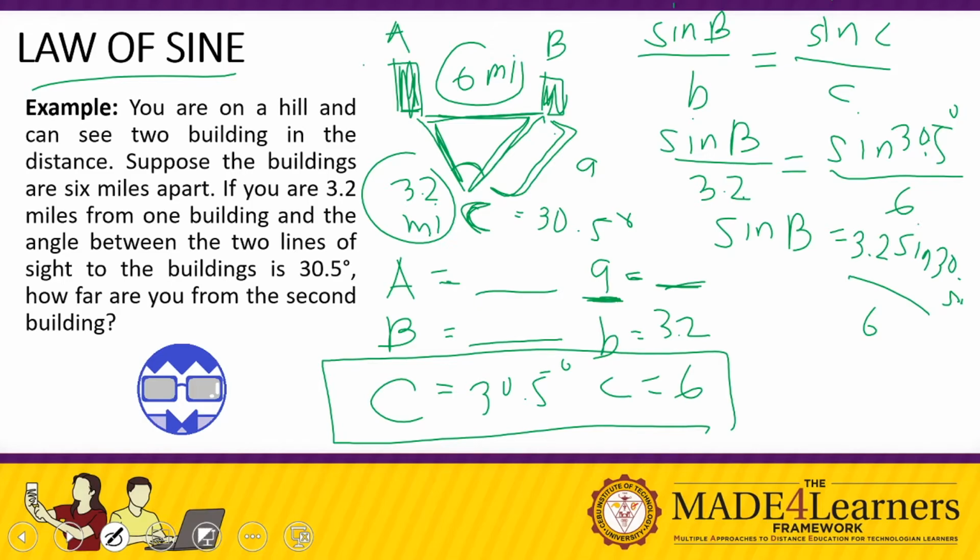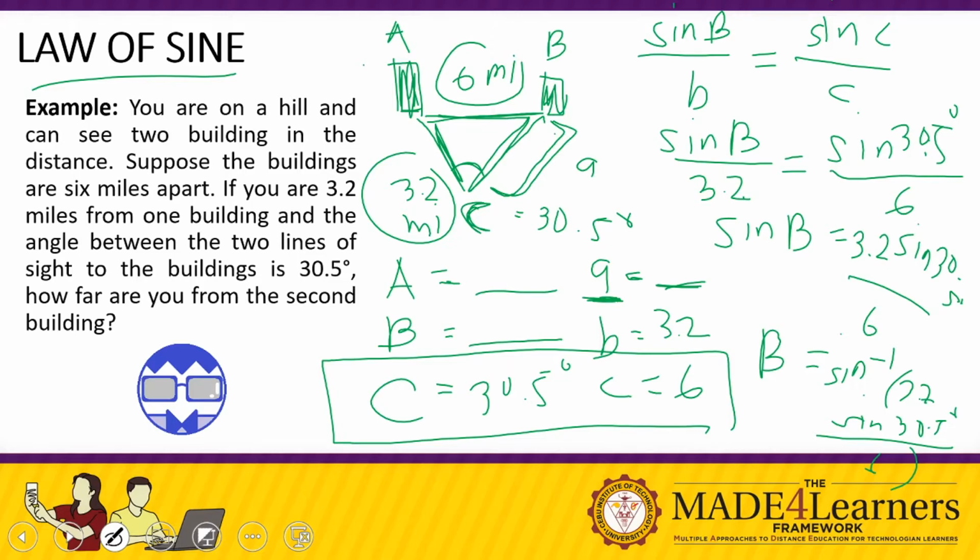Then to get the angle, we just need to take the arc. So we have the inverse sine of 3.2 sine of 30.5 degrees over 6.